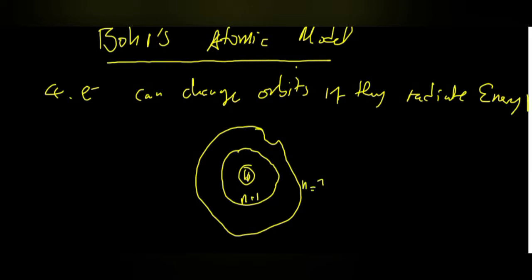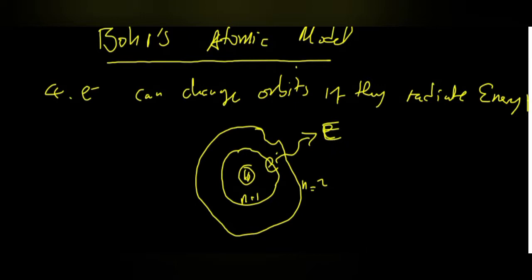Electrons can change orbits if they radiate energy. So what if an electron is here, it releases energy, let's say that is capital E, to differentiate from electron.